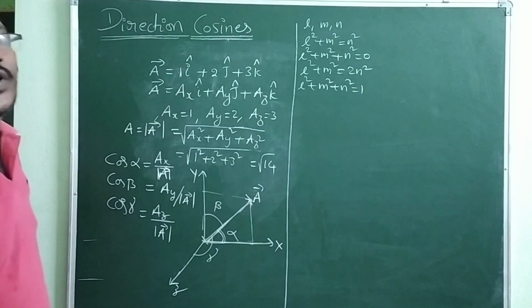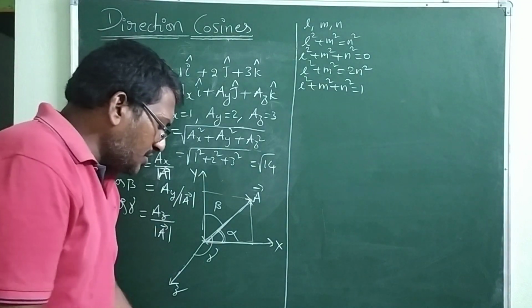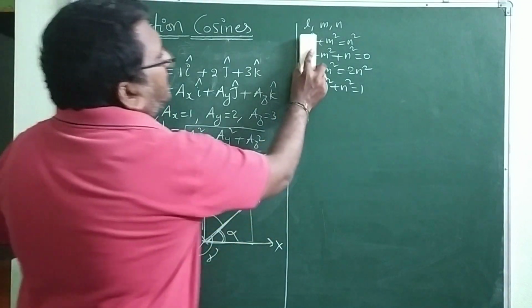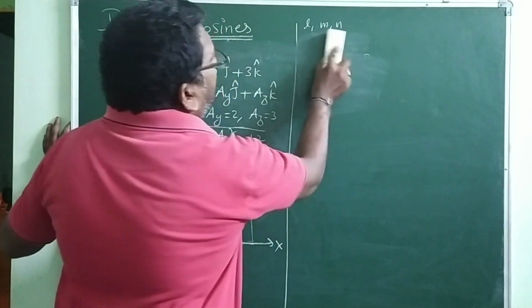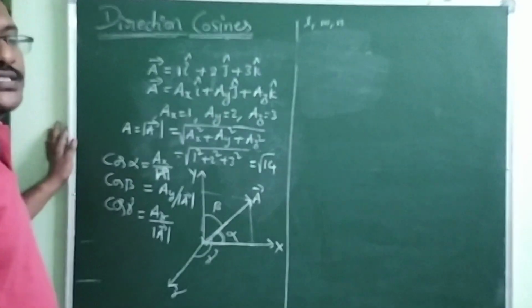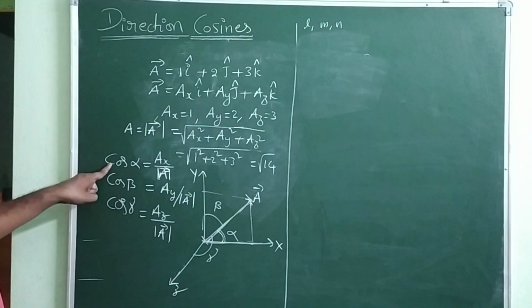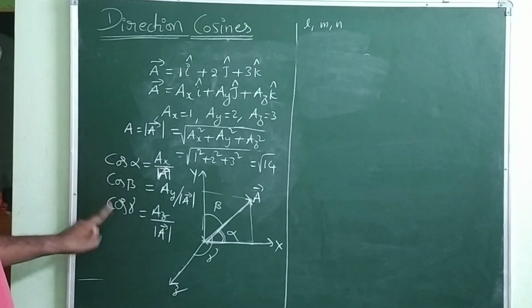Which of the following is true? So first I am going to calculate the L, M, N, Nana. What is that L, M, N? Direction cosines. Direction cosines means these are. This is the L, this is the M, this is the N.